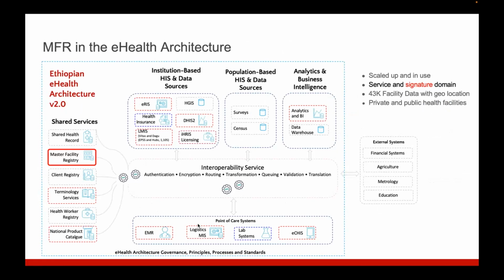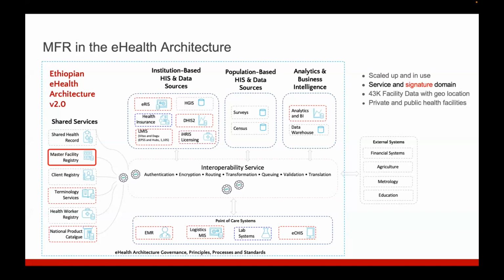We have the point of care systems, the external systems, and the shared services, which is where the master facility registry is placed. This e-health architecture provides a blueprint for all interoperability developers to envision their development. The Ministry of Health highly enforces that every digital developer align with this e-health architecture to develop every system related to health.